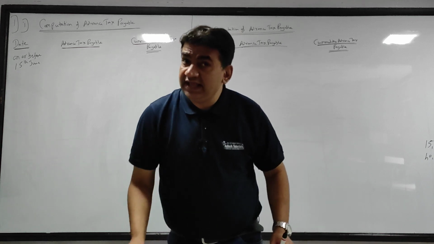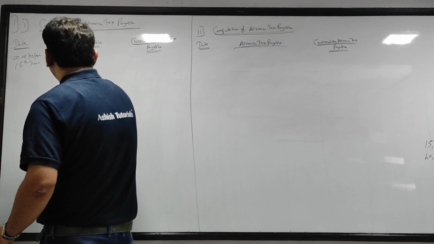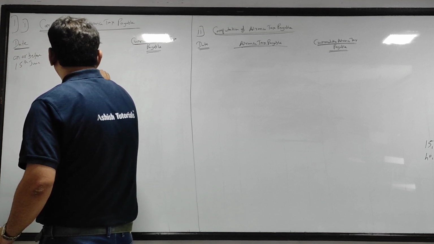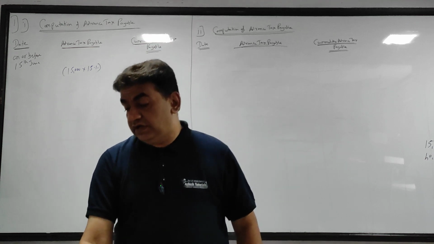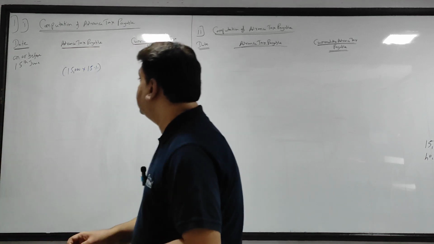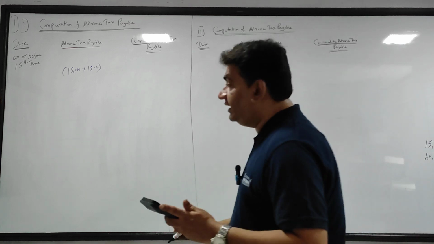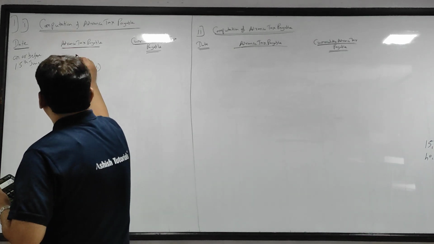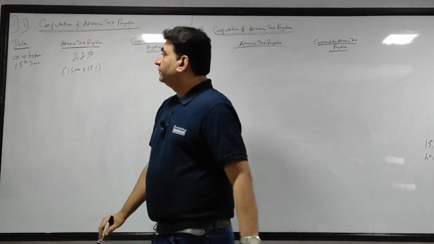And how much will it be? Your tax liability is 15,000. So you will have to make the payment, which will be 15% of 15,000. So 15% of 15,000 gives you 2250. Okay.